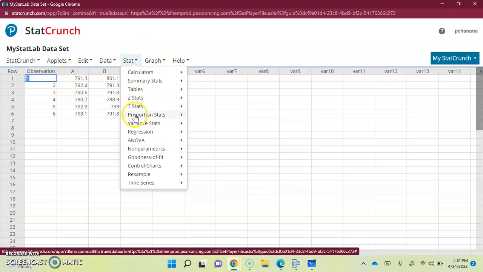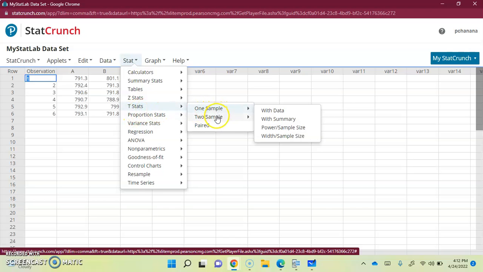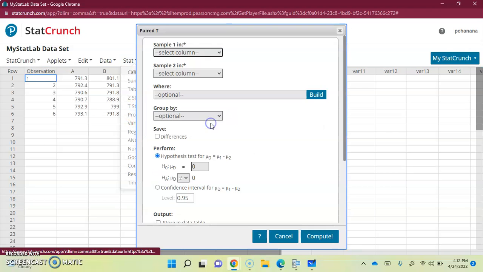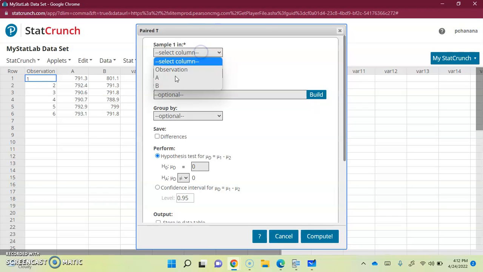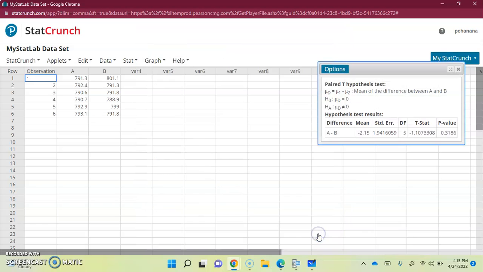So you go to StatCrunch, go to T-Stats. This data is paired data, so select that. You need to select column A for the first sample, column B for the second sample, and our null hypothesis is the difference is 0. The alternate hypothesis is not equal to 0, and you press compute. So here is our test statistic.